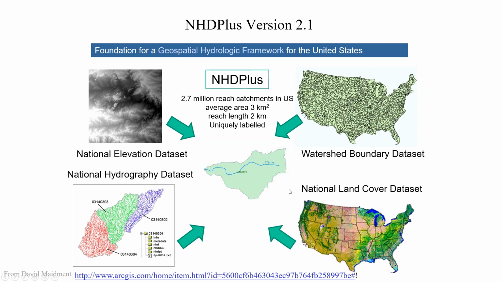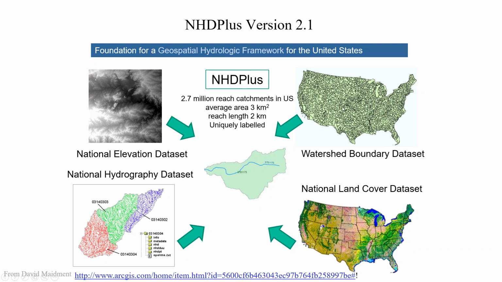And that's incredibly useful for things like hydrologic modeling, water quality modeling, and also tracking changes over time as we see perhaps the watershed changes due to land cover, land use change.